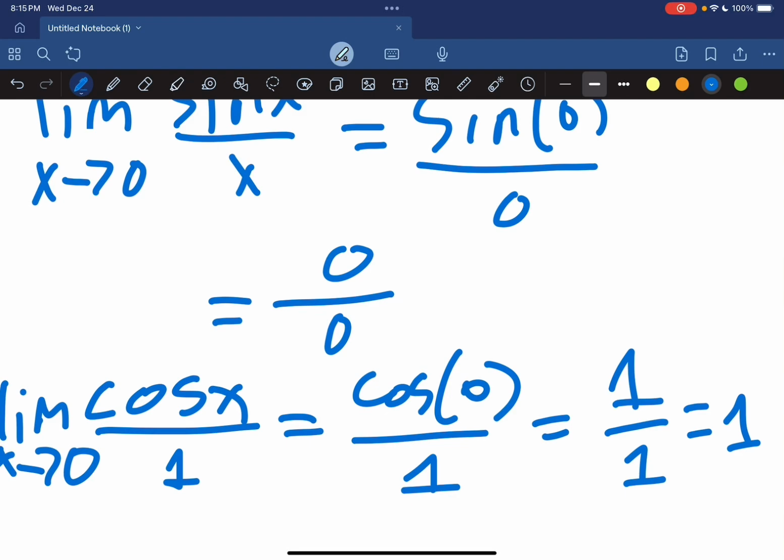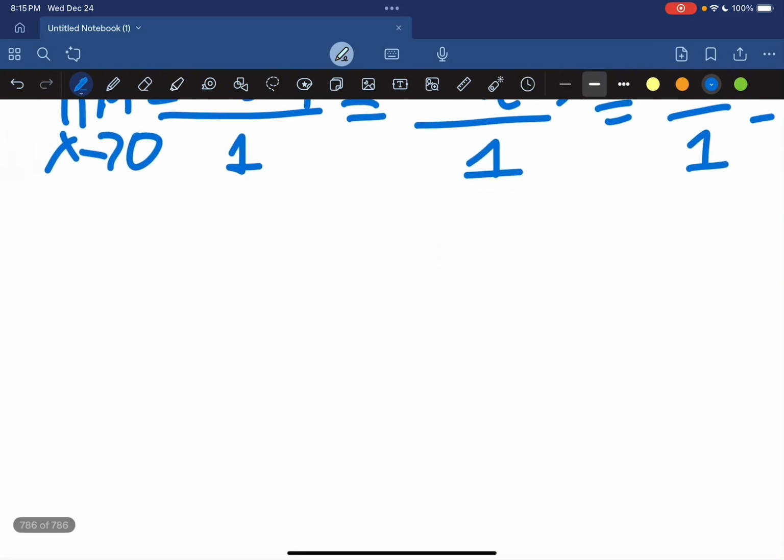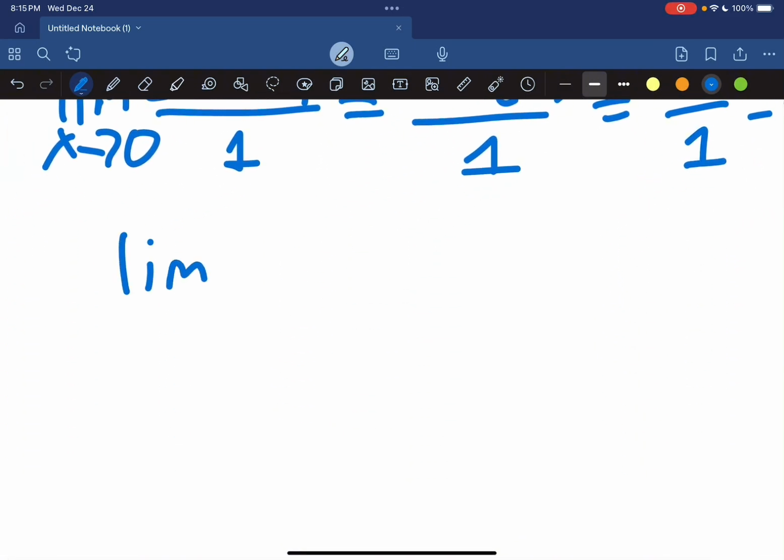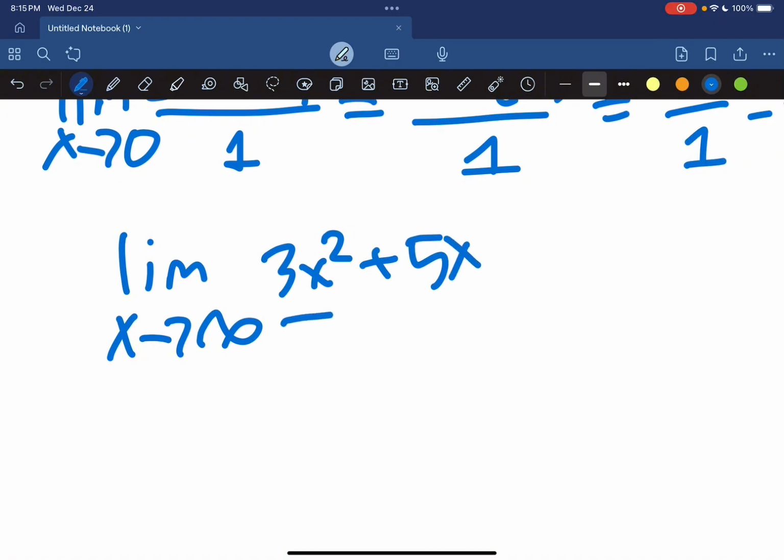So let's try another example. Let's say we have the limit as x approaches infinity of 3x squared plus 5x over 7x squared minus 4. What we can do is differentiate both the top and the bottom.